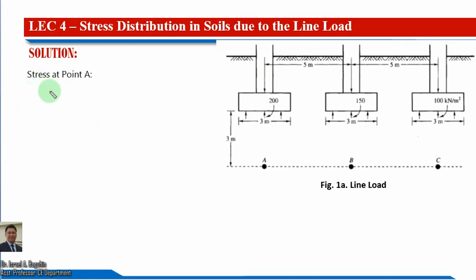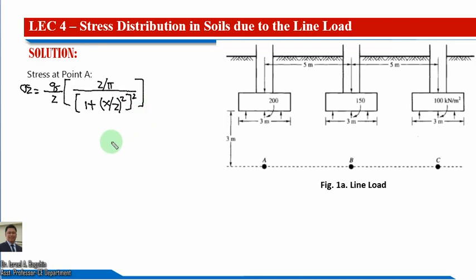So we have this vertical stress sigma z, which is just equal to the uniform pressure q over z, times this quantity: 2 over pi, all over 1 plus x over z, squared, and we are going to raise this to the power of 2.